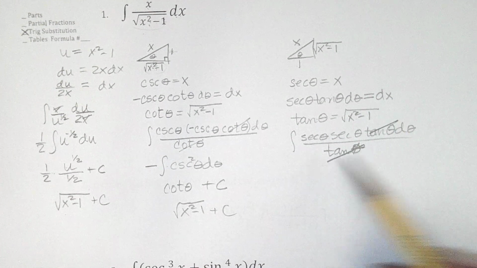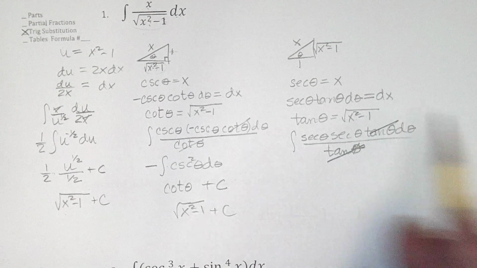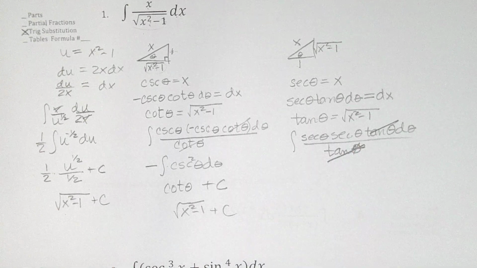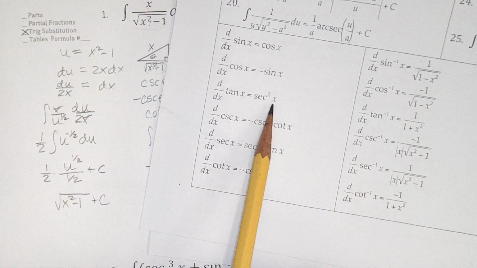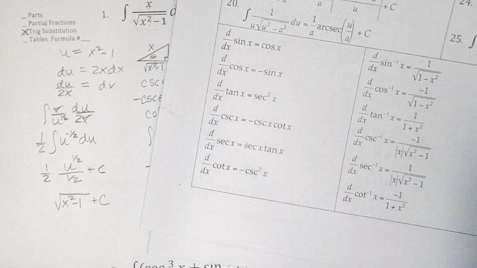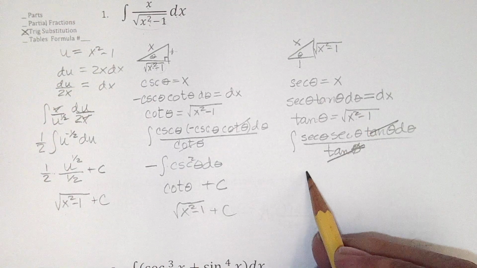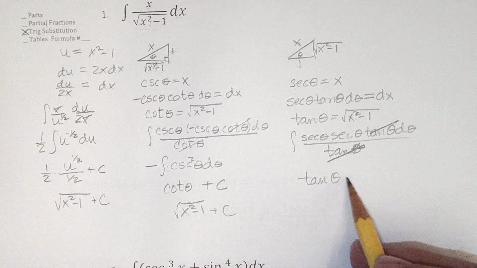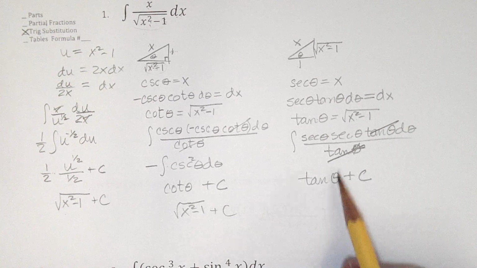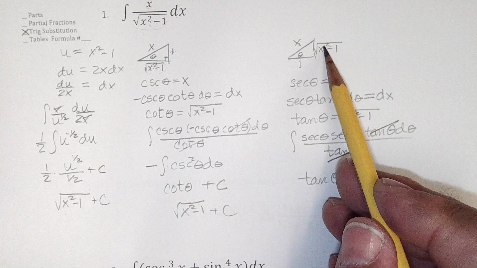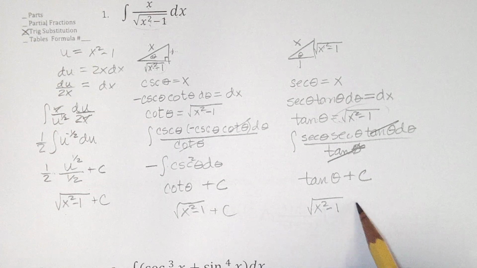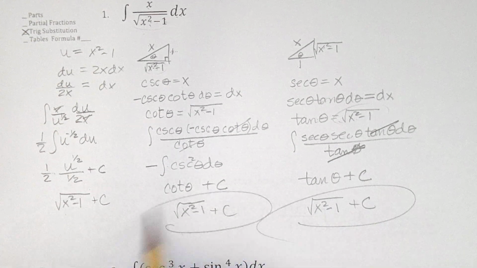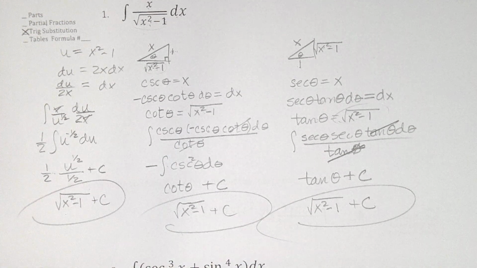So the tangents cancel. So I got secant squared, and the derivative of tangent is secant squared, so the antiderivative of secant squared is tangent. But now we've got to get back to x's, and the tangent is that. And all three of them give the same answer, so that's a good sign that we're probably doing it right.